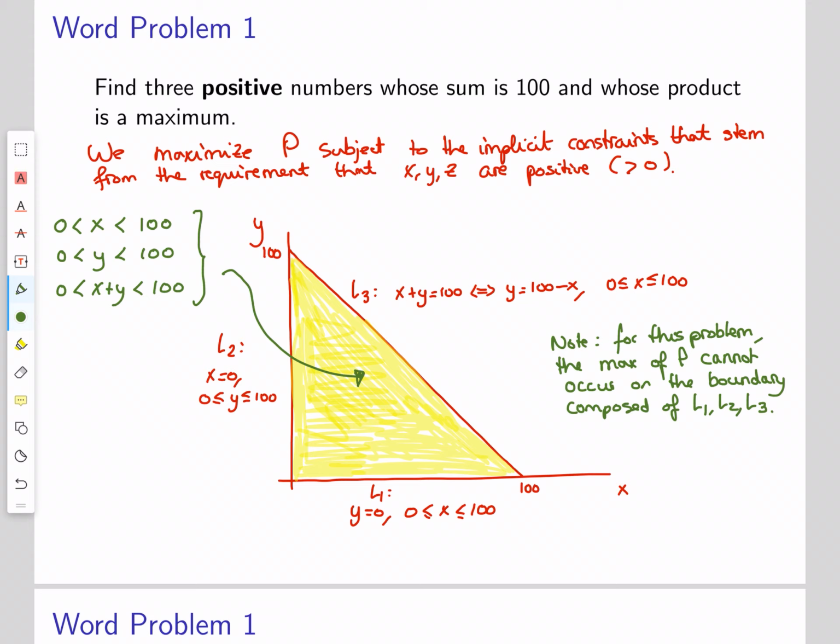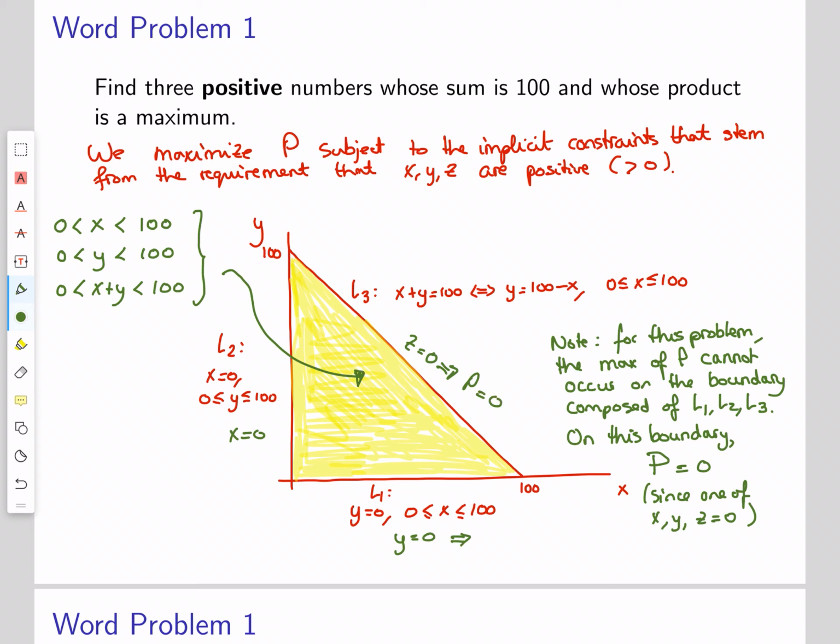On this boundary, the product is equal to 0, since one of x, y, z is equal to 0. In particular, on L1, y is equal to 0. On L2, x is equal to 0. And on L3, z is equal to 0. Right away that says that P is equal to 0.